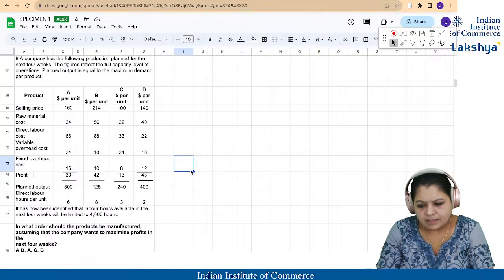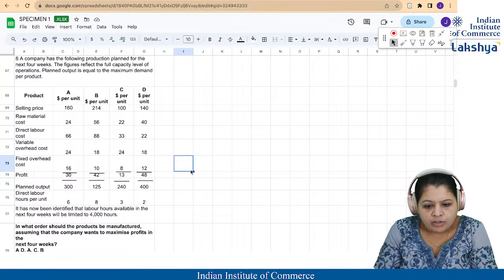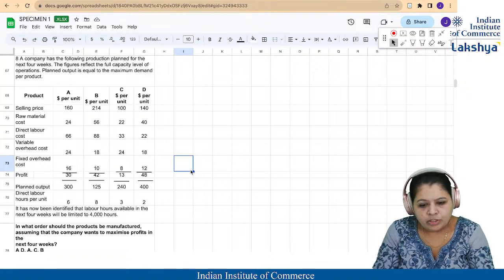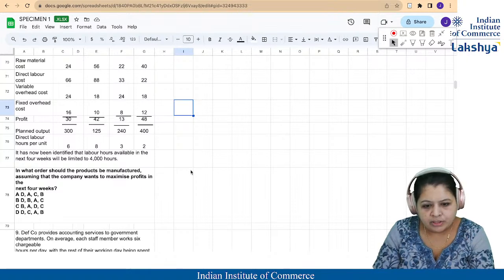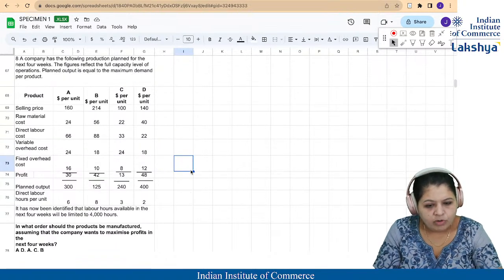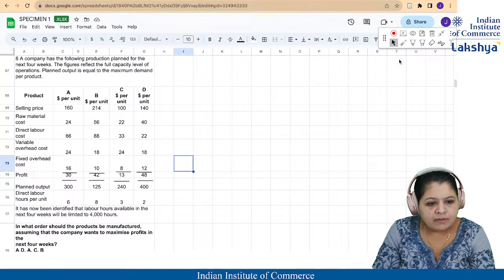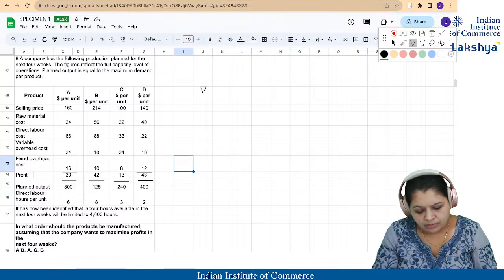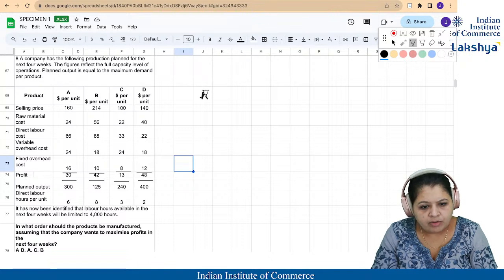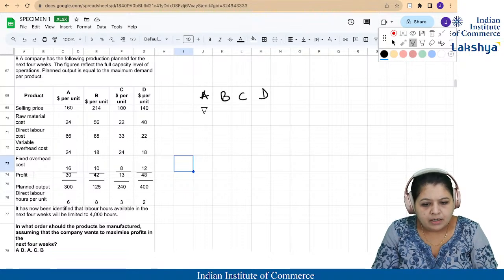So apparently that is your problem. In what order should the products be made to ensure that you are maximizing the profits? It's just a bottleneck question. Simple, easy peasy. What are we going to do? We are going to find our contribution first. We have four products, and we need to take all of them because we need to figure out which one is the best.